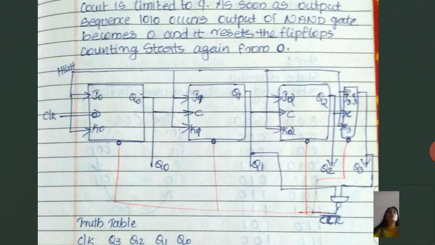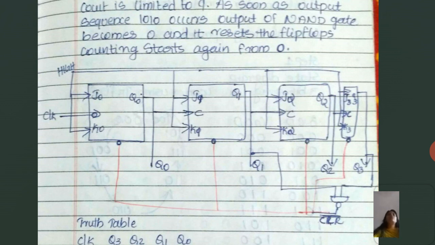That will be passed to all the flip-flops. You can see it is connected with a red line. It is connected to all the flip-flops, and all the 4 flip-flops get reset, and the counting is set to 0 again from the beginning. Okay, this is all about the decade counter.